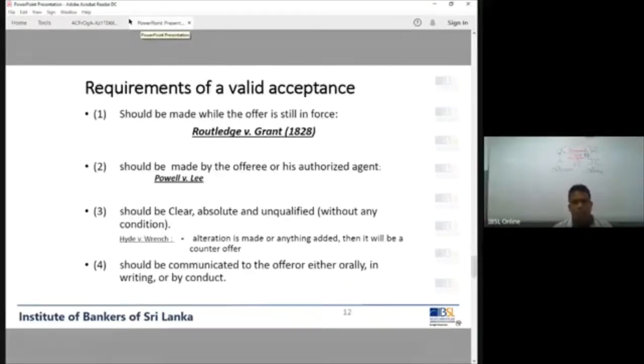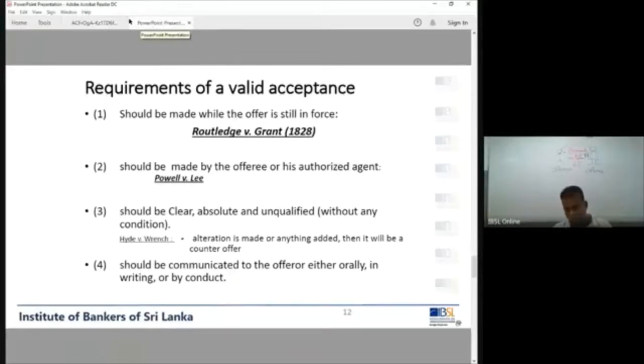Right. Legal requirement of valid acceptance. Number one, it should be made while the offer is still in force. In other words, the offeree has to accept the offer while the offer is in force or in operation.